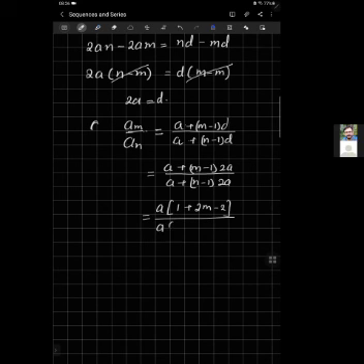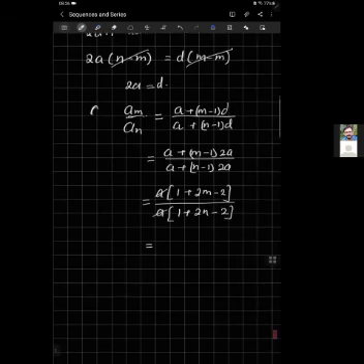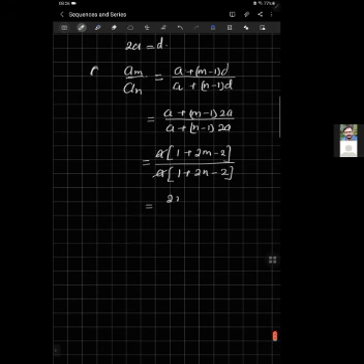Denominator also, a I am taking common, so 1 plus 2n minus 2. a to a will get cancelled. It will become 2m minus 1 upon 2n minus 1. This only was the target to prove.